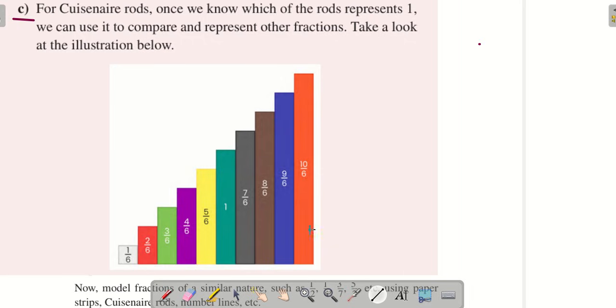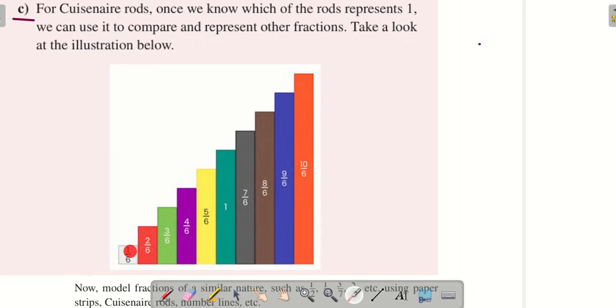So for example, when we take the first one, we are taking this rectangle to be 1 out of 6. That is the basis for our rectangle.